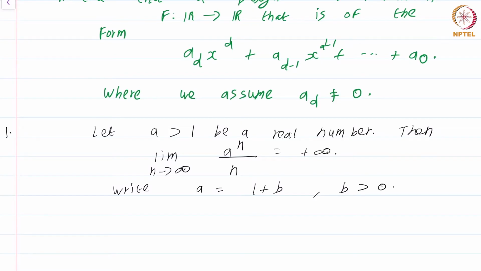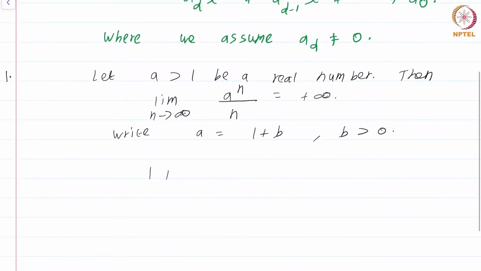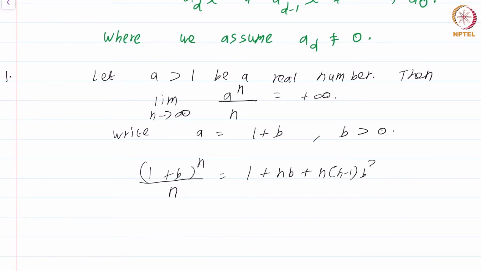Consider (1 + b)^n / n. This you can see is actually 1 + nb. Now I need to write one other term because there is an n in the denominator. So I would need to go further along in the binomial expansion than what was needed the last time when we just considered the sequence a^n with no n in the denominator. Okay, plus some other terms, I don't care about what they are, divided by n.